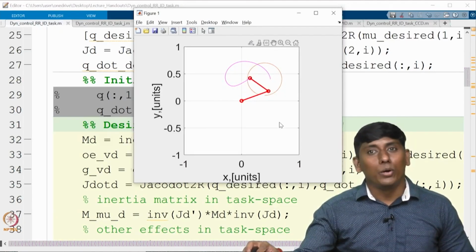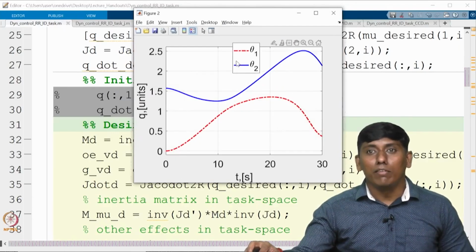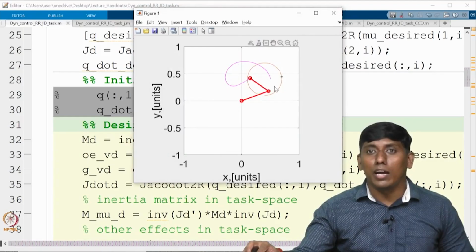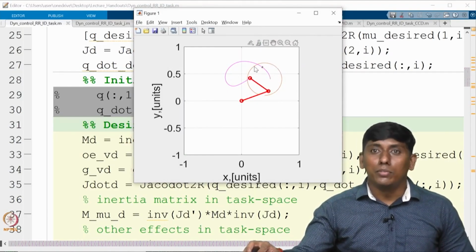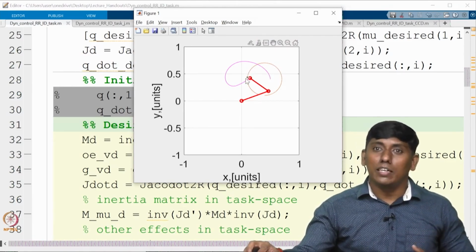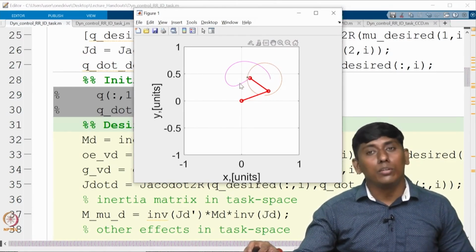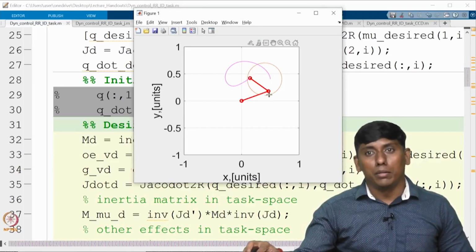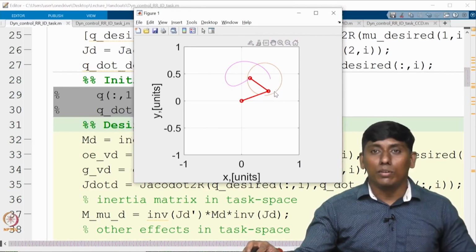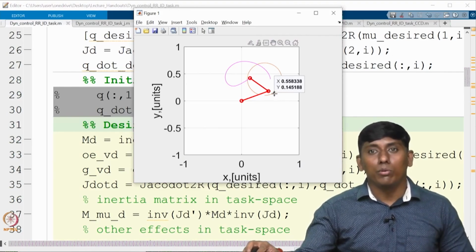You can see it is not making a circle, because the initial velocity desired and initial velocity actual are different, and the initial position desired and initial position actual are different. So you can see it, right. That is why I said it cannot be directly used as a control. To a certain extent we can use it as open loop control, but provided the initial conditions match, and other conditions also match.